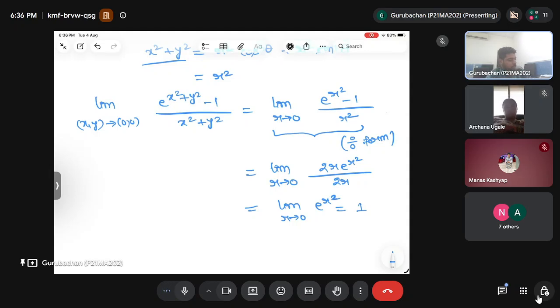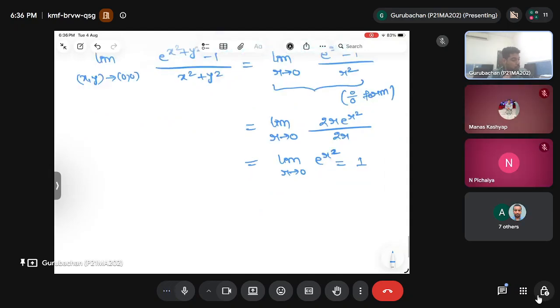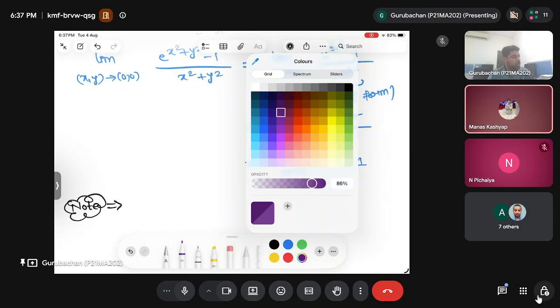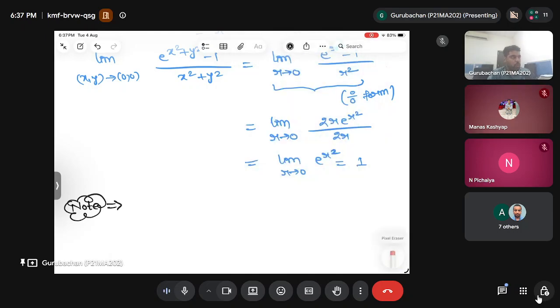But what will be the case when we see the cos theta and sin theta terms, or something happens like a fixed factor like cos cube x plus sin cube x? So we can also go for sandwich. Yes, but we have to take care that it is always bounded or not.